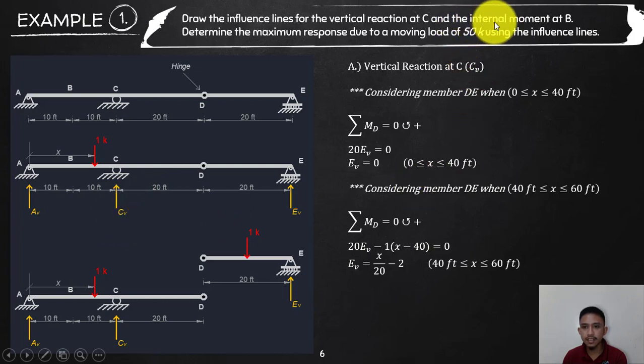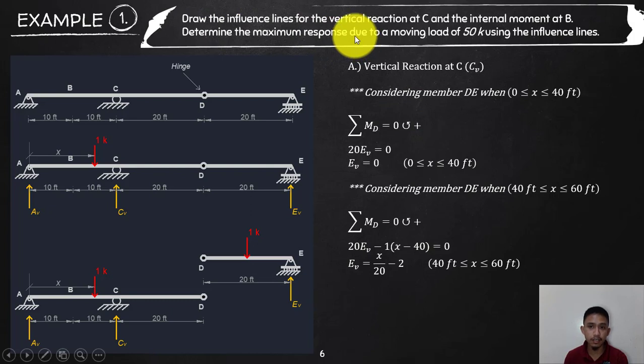And then second is the internal moment at B. We will cut this at point B to expose that internal moment, and then establish an equation for that internal moment due to the moving load, and then we will have another influence line for that. So we will be expecting two influence lines: for CV, the vertical reaction at C, and for the internal moment at B. After that, we determine the maximum response.